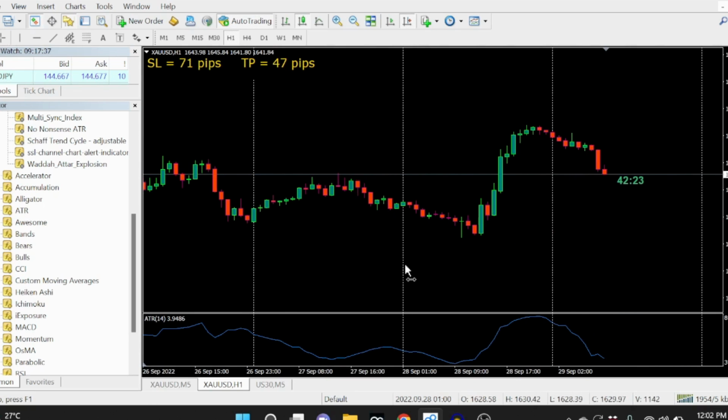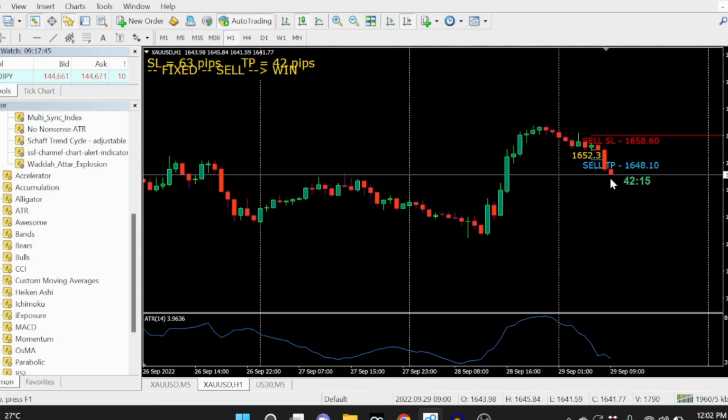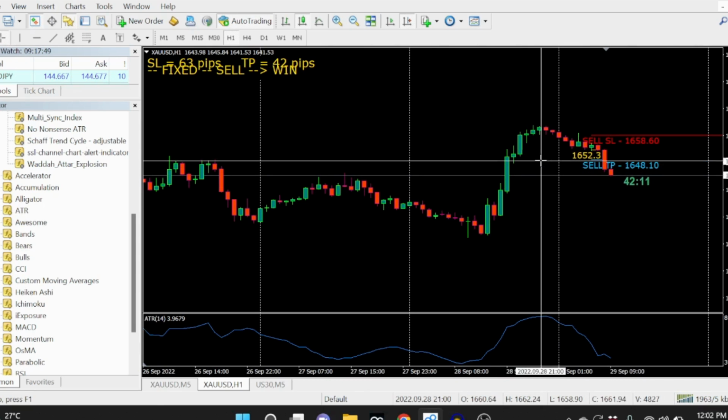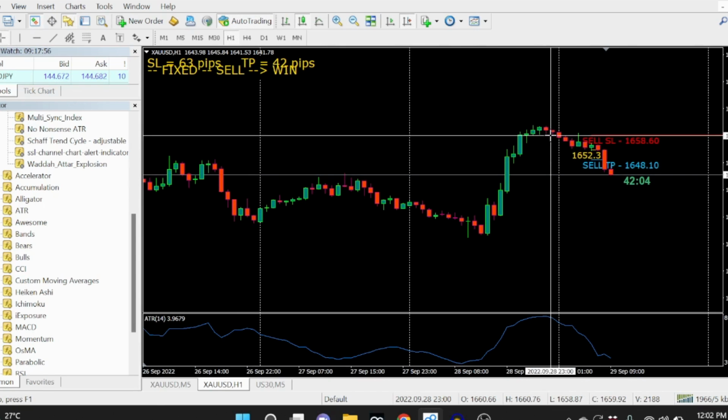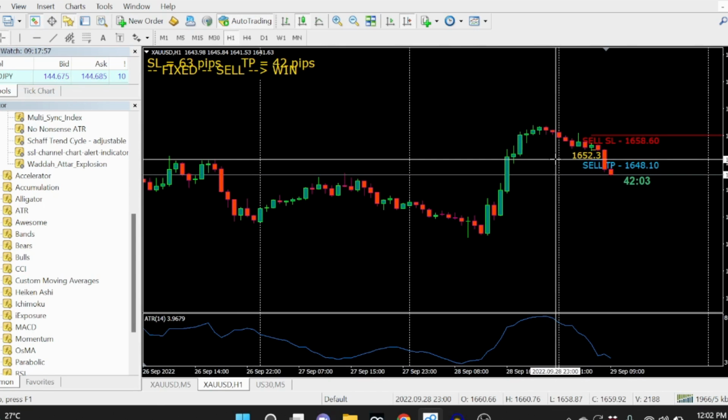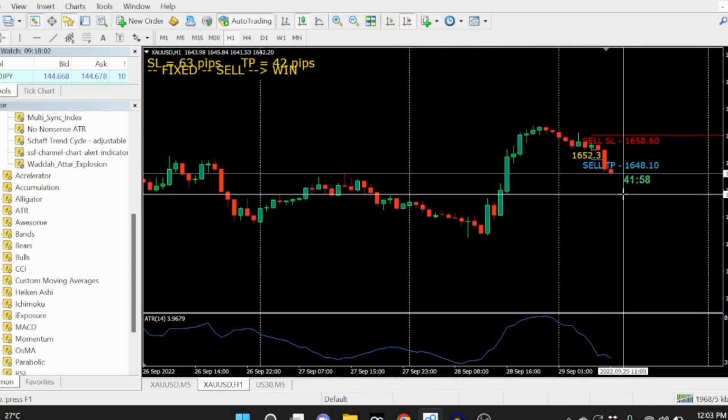At any point in time, let's say you sell here. Your take profit will be set at this level, and you set your stop loss at this level. When price hits this level, you close half the trade and you run the rest.